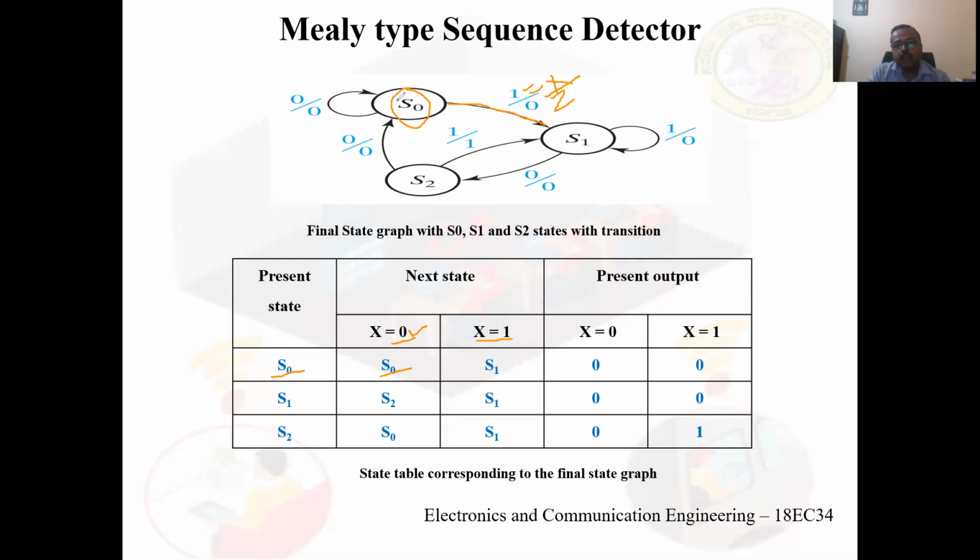When x is 1, when the present state is S0, it will go to the next state S1. So here, it will go to the state S1. And what is the output for this one? When x is 0, the output is 0, and when x is 1, the output is 0. We have it here, 0 and 0.